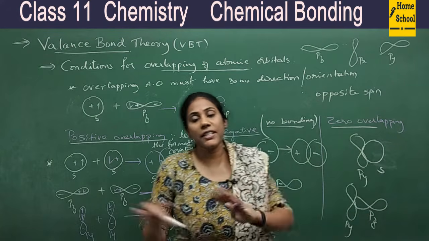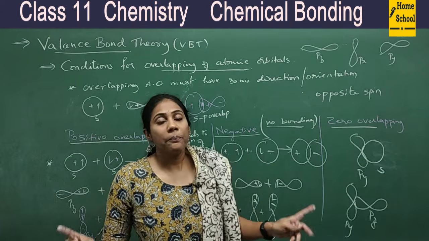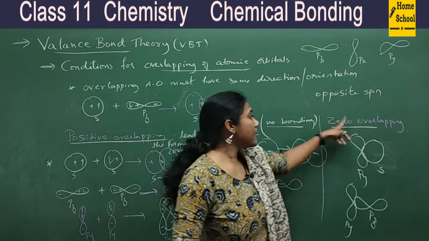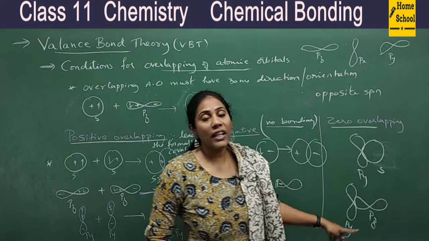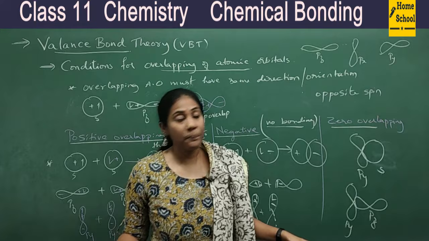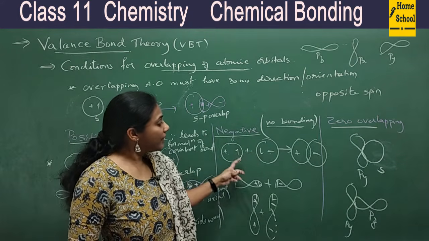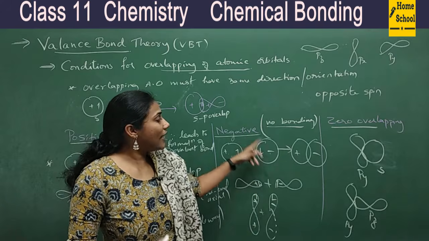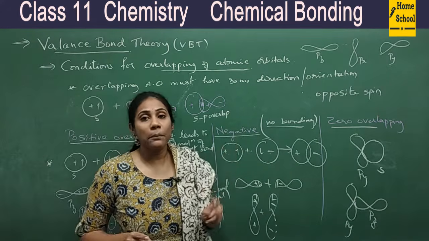If the orientation is different among the p orbitals, they do not overlap. So such an overlap is zero overlapping. So these are the two conditions for zero overlapping, which do not take place. And these are the conditions of negative overlapping. They do take place, but that overlap is actually waste. It doesn't lead to the formation of a covalent bond.